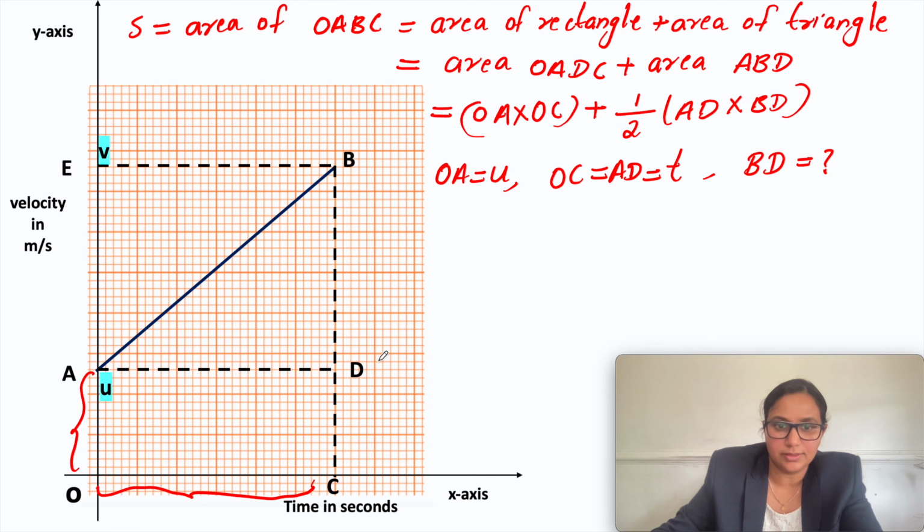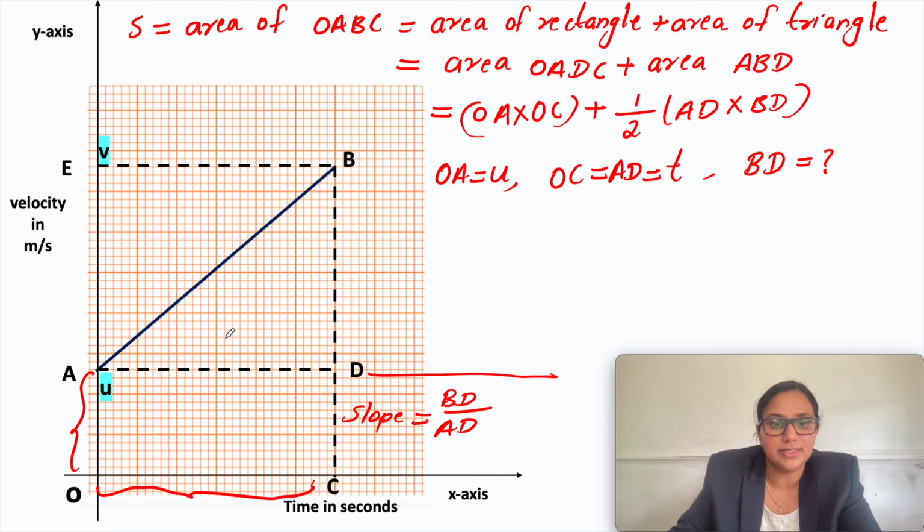For that, we have the slope of this velocity-time graph, which is equal to BD divided by AD. We have already discussed that in the previous class. Slope of the velocity-time graph gives acceleration, which is equal to BD divided by AD.